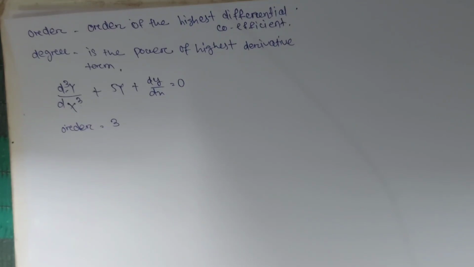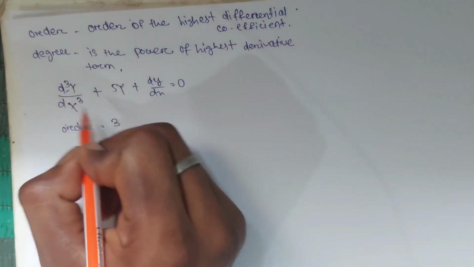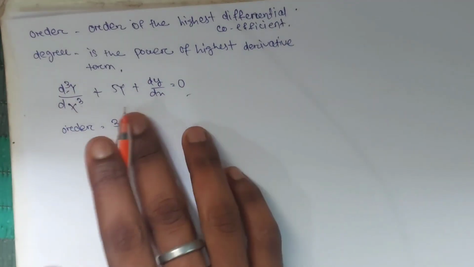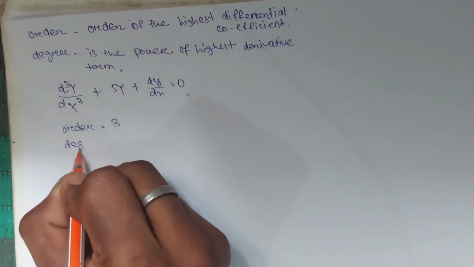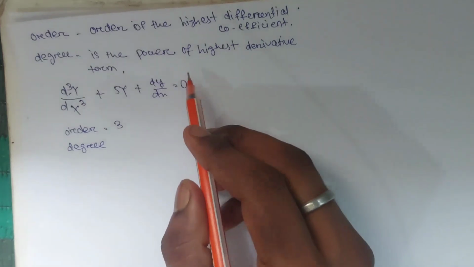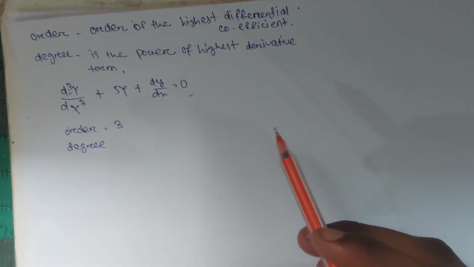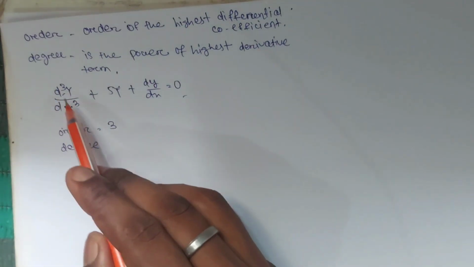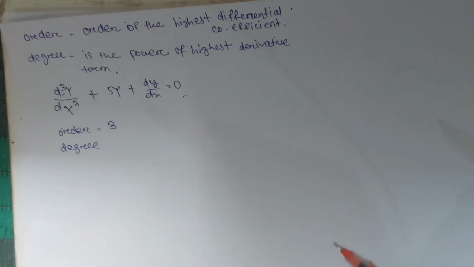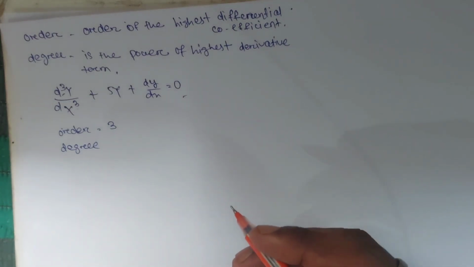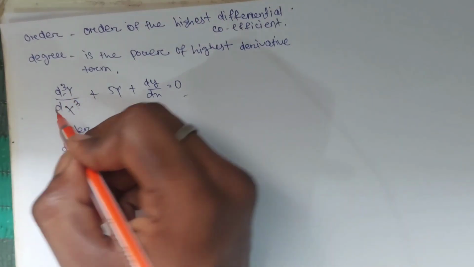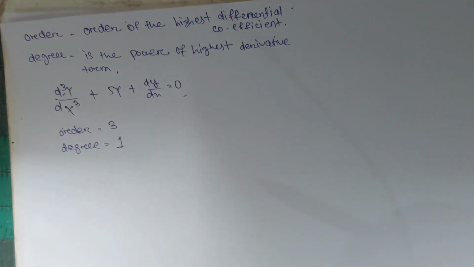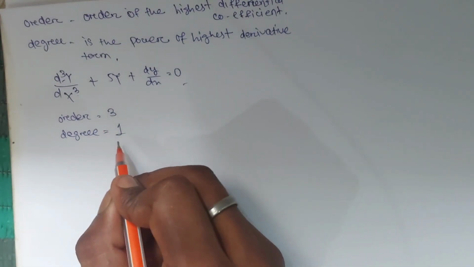Now if we look at the degree of the differential equation, the degree is the maximum power of the highest derivative term. The highest derivative term is d cube y by dx cube, and the degree becomes 1, as the power of the highest derivative term is 1. So we can simply write degree equals 1.